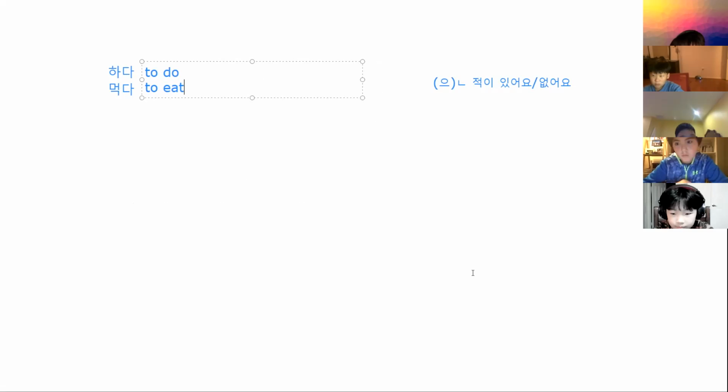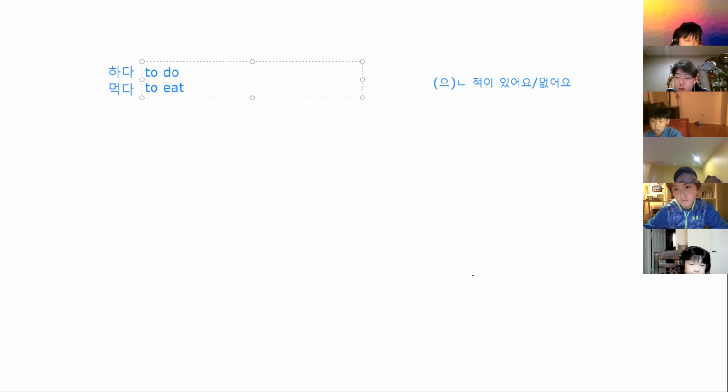Sorry, let me expand my screen. Anyone want to guess? They mean different stuff. Yeah, I know that. But like, what about the structure of these words? If I looked at 하다 and looked at 먹다, what's the difference in the spellings? It doesn't have a... Doesn't have a what?